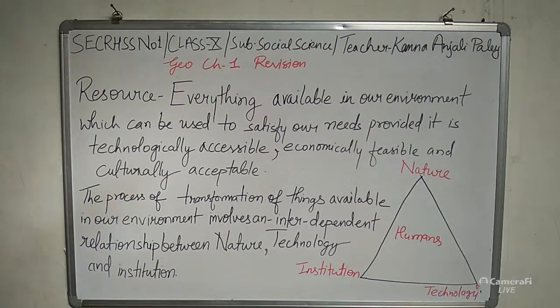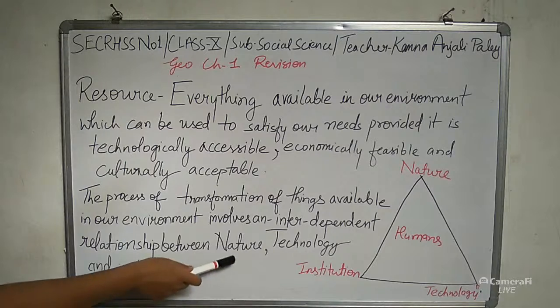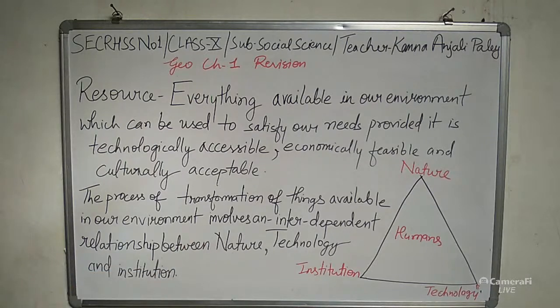We are also resources, and it is us who can use these resources, who explore these resources through these institutions. In nature, we get the resources, but without technology, we cannot explore or extract these resources. So for that, we need institution. Institution means organization.